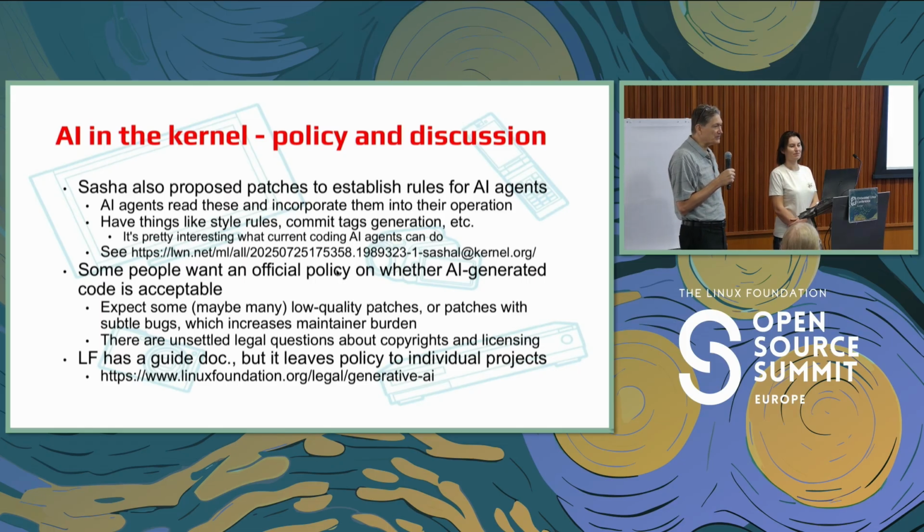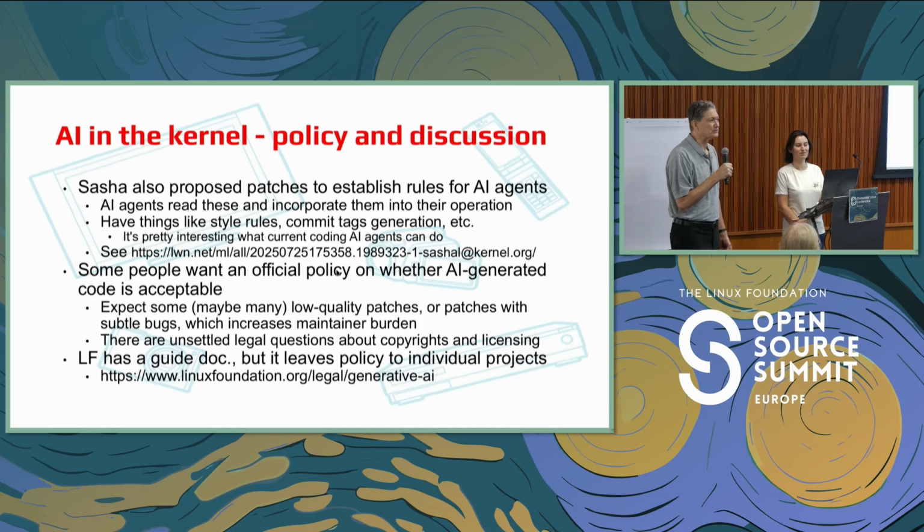If you have not played with AI, you can give it a set of instructions. You can tell it to read the coding style guide and abide by the coding style rules upstream. And so it's pretty interesting what AI can accomplish for you. And it sure looks on the surface like it's abiding by all the rules.